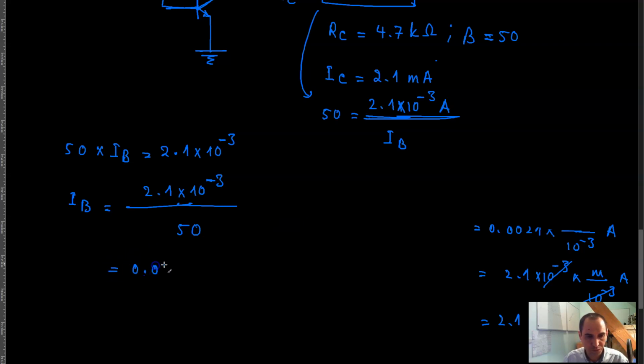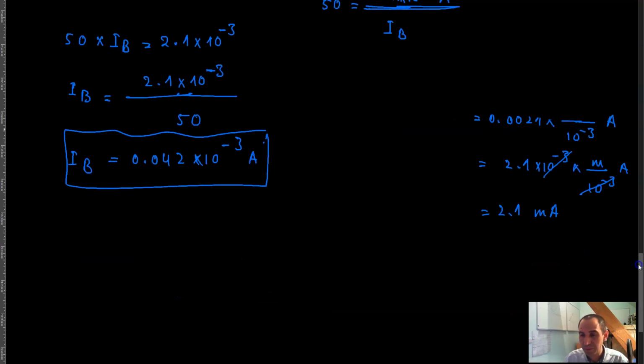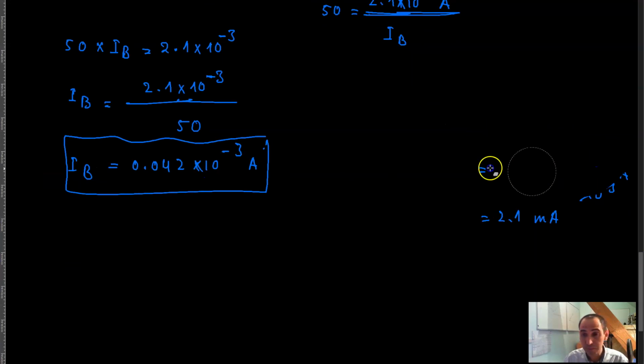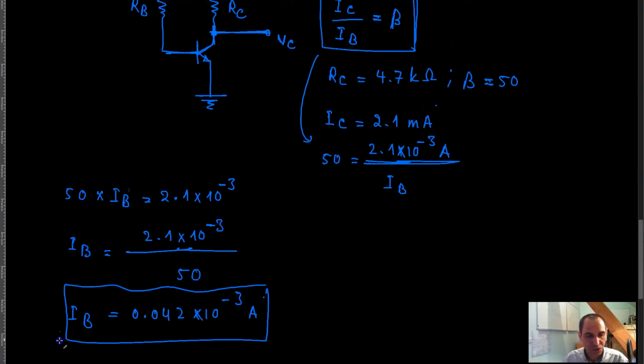That's 0.042 into 10 raised to the power negative 3 amps. So I of B is supposed to be this current over here. Now I'm not going to make conversions and things like that over here. It's unnecessary, really. So I need to have this current flowing through my base, right?